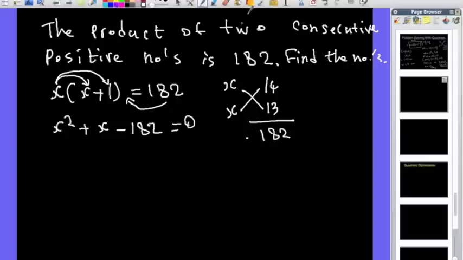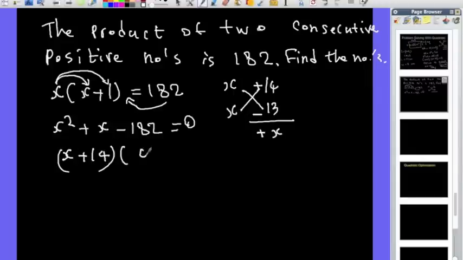And we know that we want positive x, right? So this would be positive, this would be negative. So it will be x plus 14 and x minus 13 equals 0.